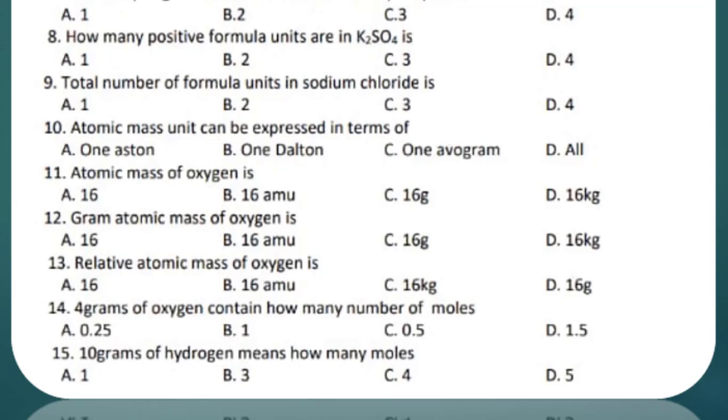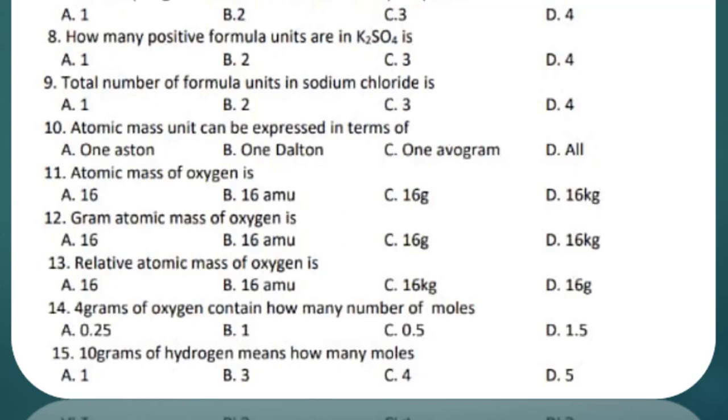Then 4 grams contain 1 by 16 into 4, that is 1 by 4. The answer is 1 by 4, which means 0.25.